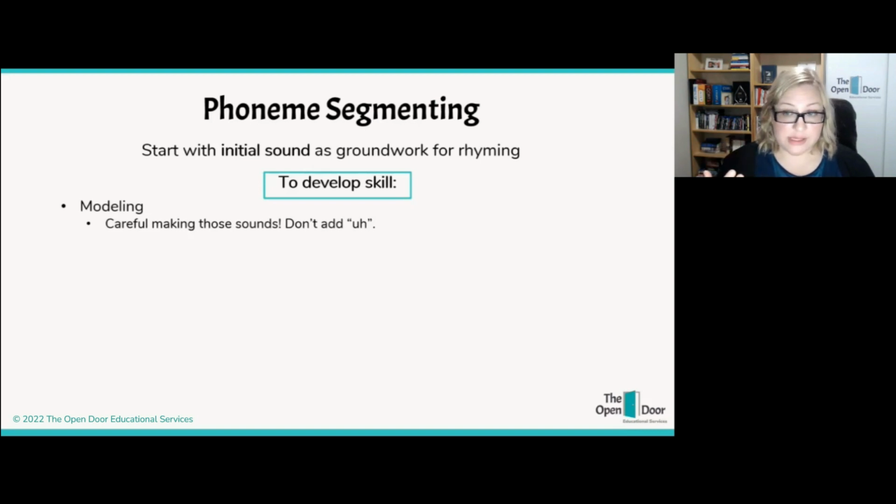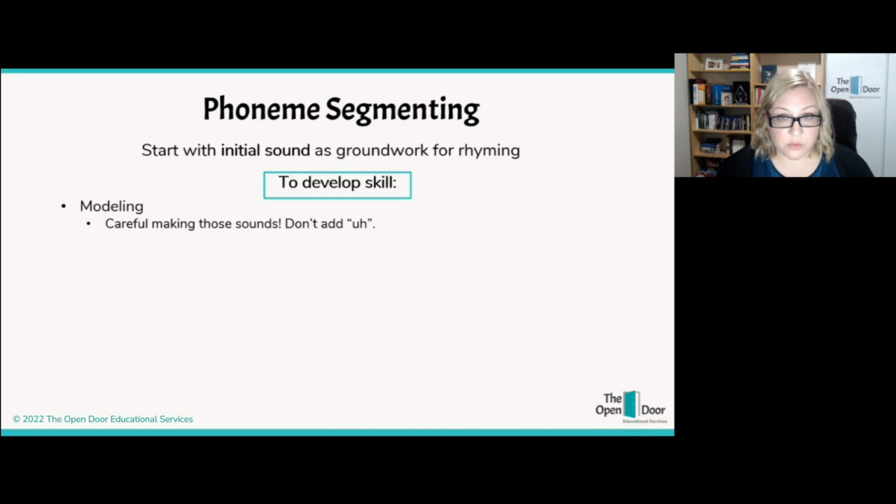The reason for this is if your student learns that T says tuh and P says puh, when they're trying to sound out a word for reading, they'll go tuh, a, puh, tuh-a-puh. It's going to be very confusing, and it makes it far more challenging. Whereas if you make those sounds nice and crisp, t, a, p, then the student can blend t, a, p, top.